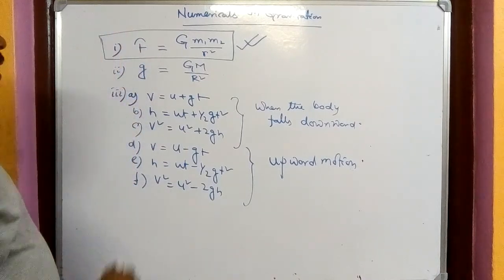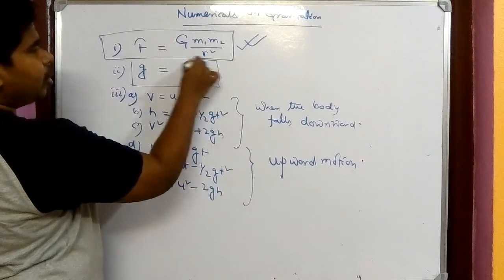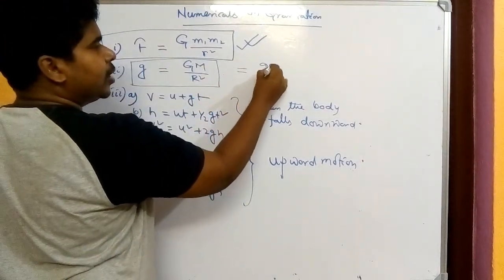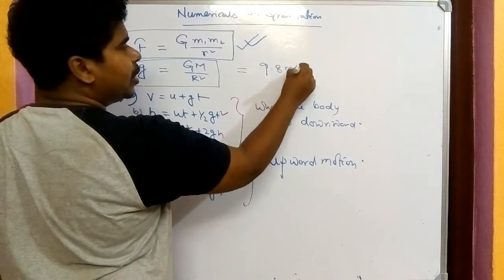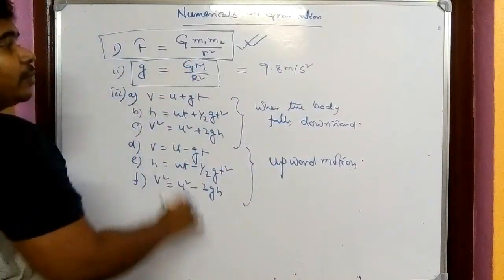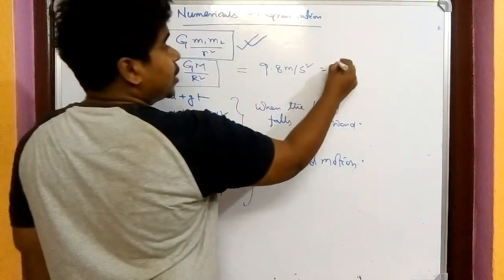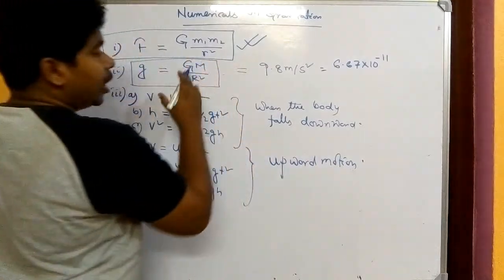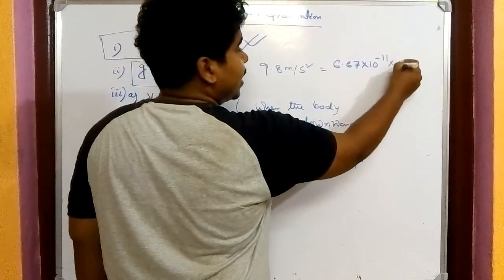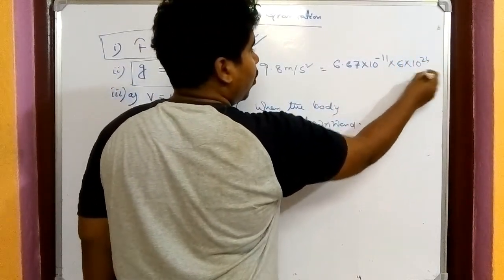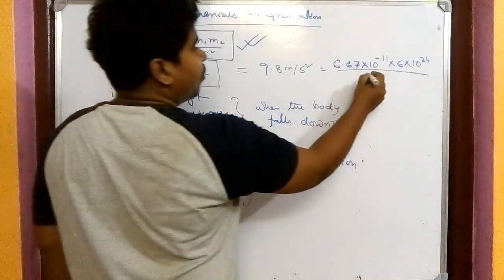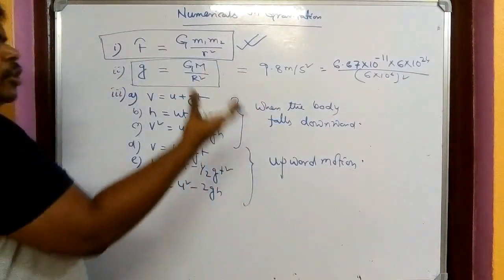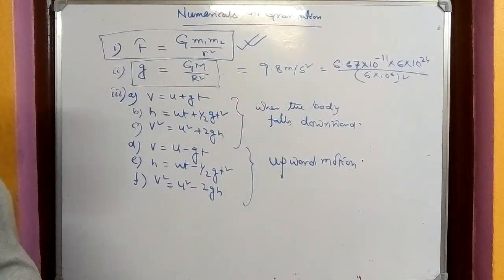From gravitational acceleration, if I put G as 6.67 into 10 to the power minus 11, the mass of earth as 6 into 10 to the power 24, and r as 6 into 10 to the power 6 whole square, it will come 9.8 meter per second square, that we know.